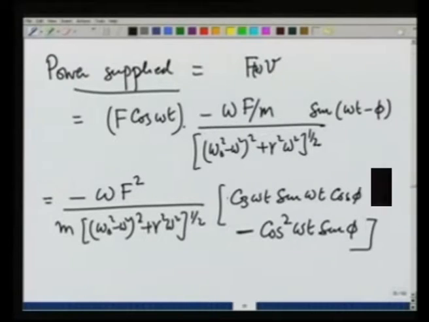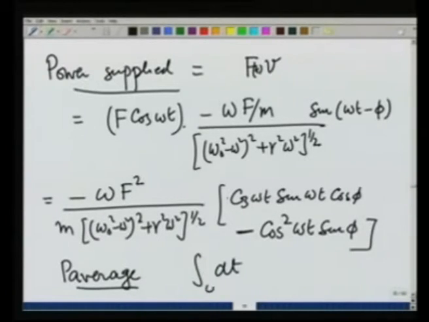So, power being supplied is fluctuating, and when I calculate average power, that means I integrate it over time t and divide by t. This term is sine 2 omega t and it is going to give me 0.